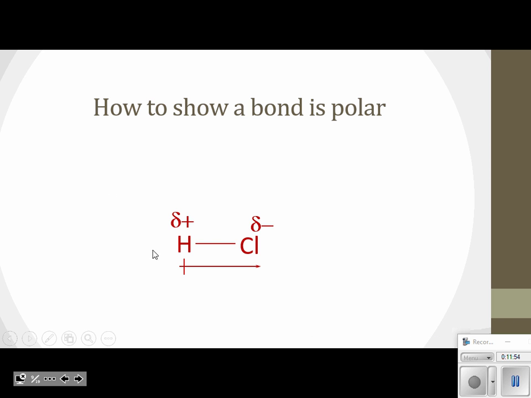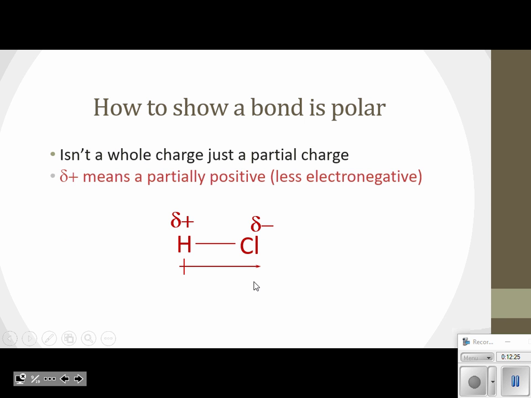Now, here's just another way. I showed you these partials. The partial, the partial. Okay? We said that chlorine was 3.16, hydrogen was 2.2. So we knew that this was a polar covalent bond. So this is partially negative, partially positive. Here's another way we can write it. We can have a plus sign here with an arrow pointing to the negative side.